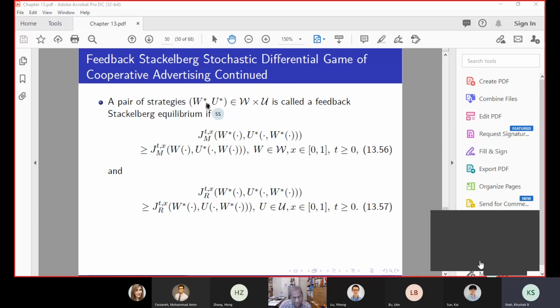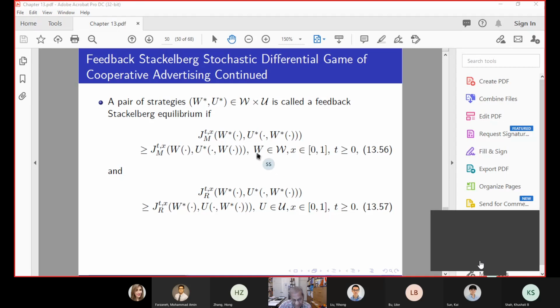So a pair w star, u star in this set is called the feedback cycle equilibrium if J_m at w star, u star of w star is bigger than if w decided to change its policy from w star to w.